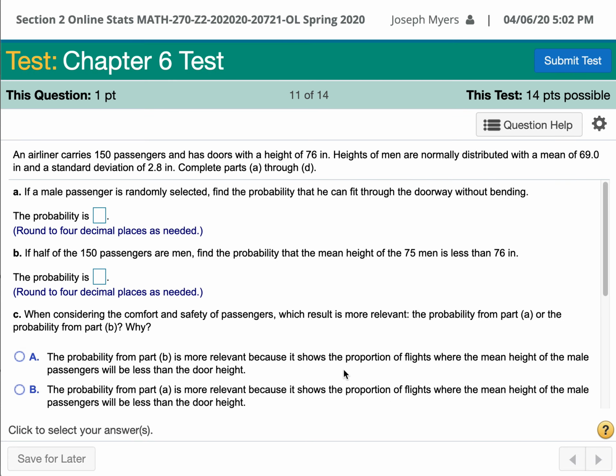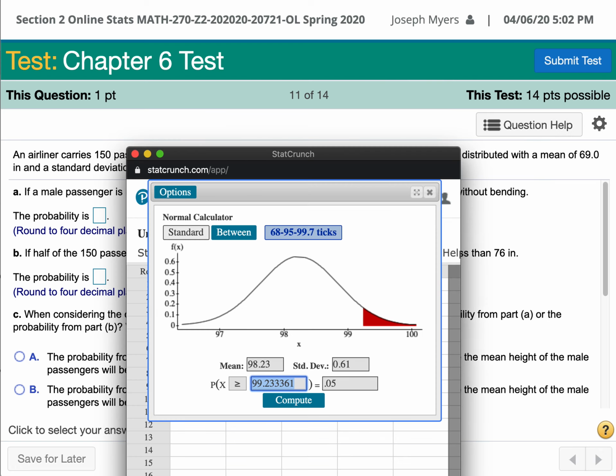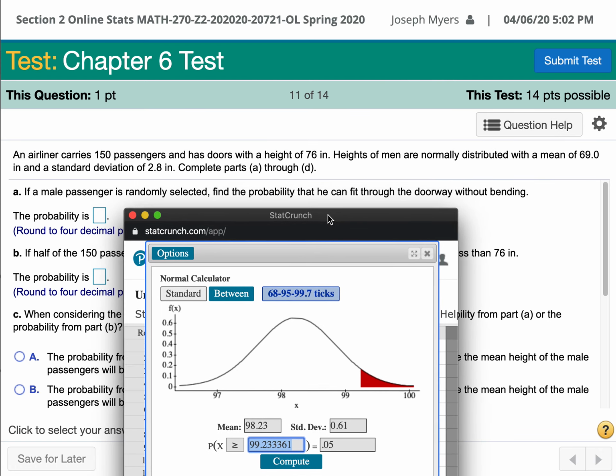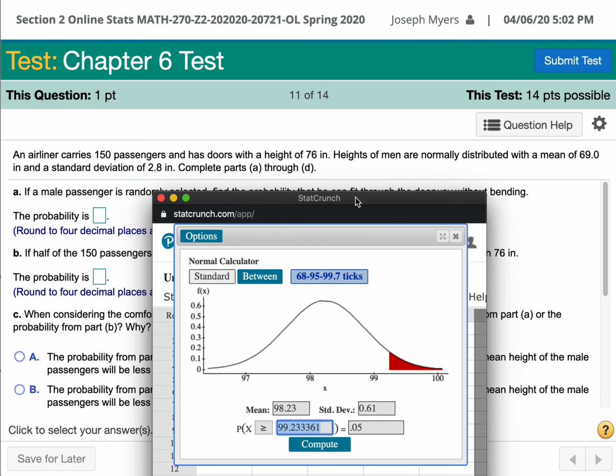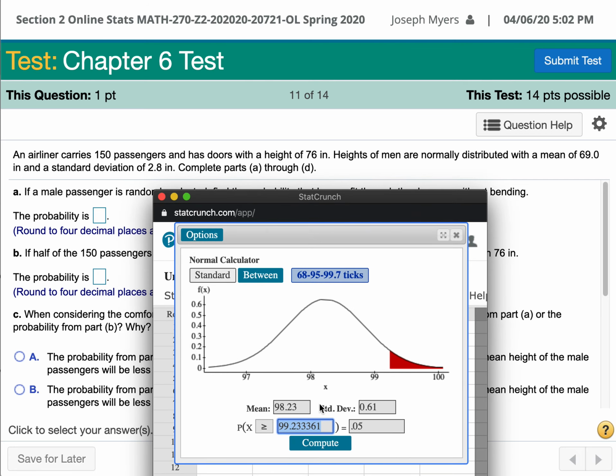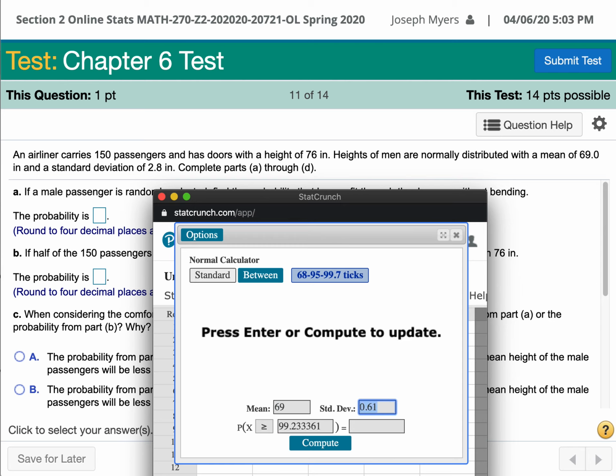Okay, so now let's do this one. Let's go back to StatCrunch. An airline carries 150 passengers and has a door height of 76 inches. The heights of men are distributed with a mean of 69 and a standard deviation of 2.8.